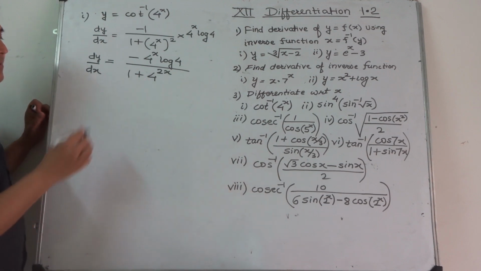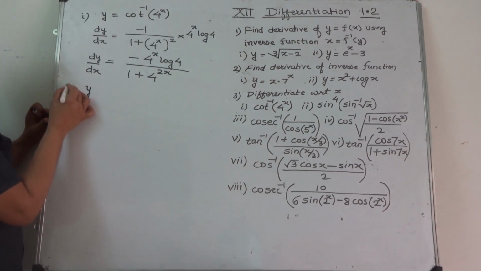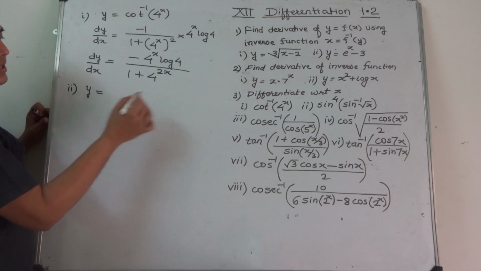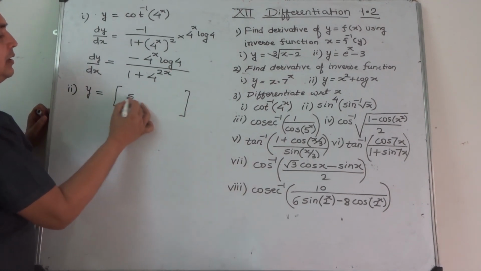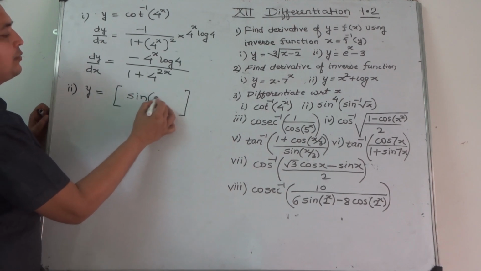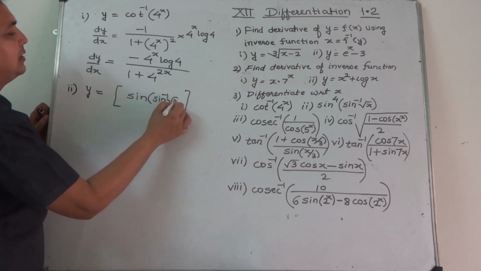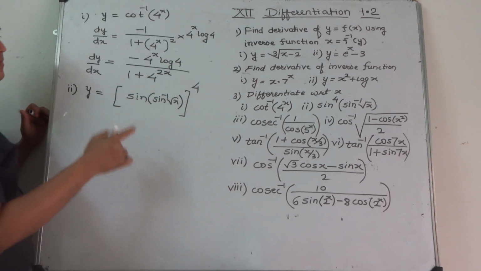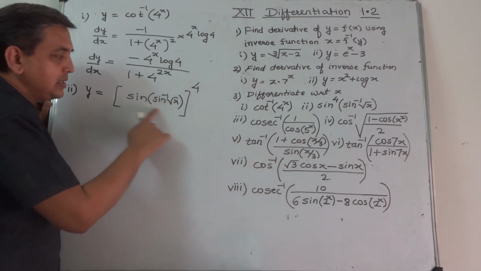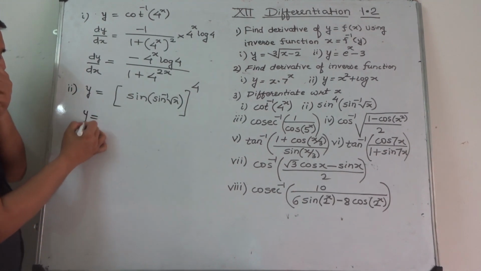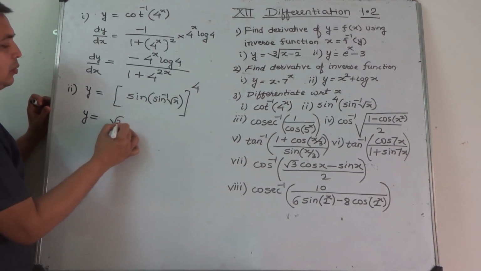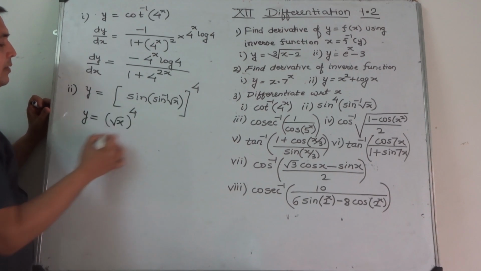Now the second, we can write y equal to sine raised to 4 of sine inverse root x. Can we write this as sine of sine inverse root x whole raised to 4? Sine raised to 4 can be written as this complete term to the power 4. We know sine and sine inverse will get cancelled, and we get root x to the power 4.